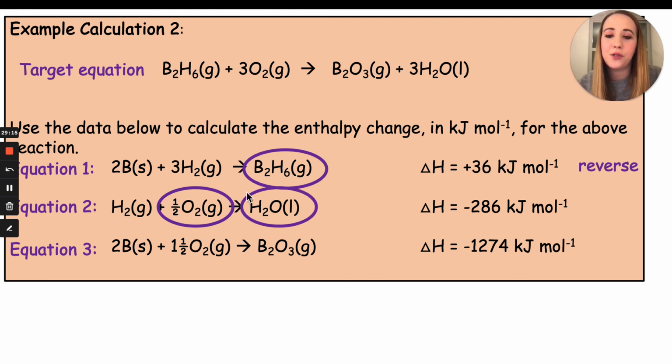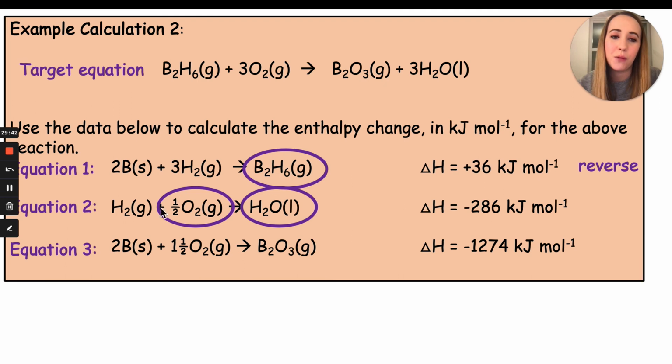But what we do need to focus on with equation 2 is the water. So in the target equation, we need 3 moles of water on the product side. And in equation 2, this is the only place that water appears in all of these equations. And we've only got 1 mole. So we're going to have to multiply all of equation 2 by 3 in order to get those 3 moles of water.